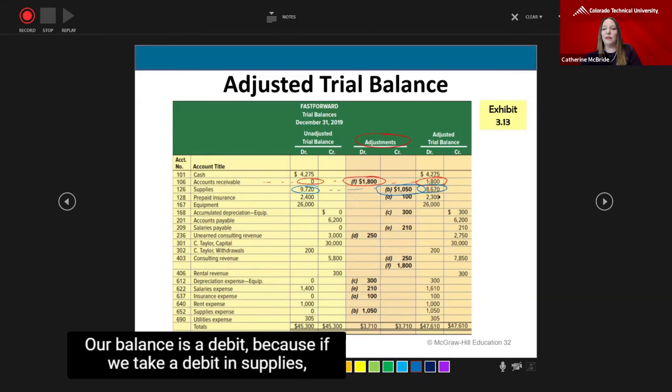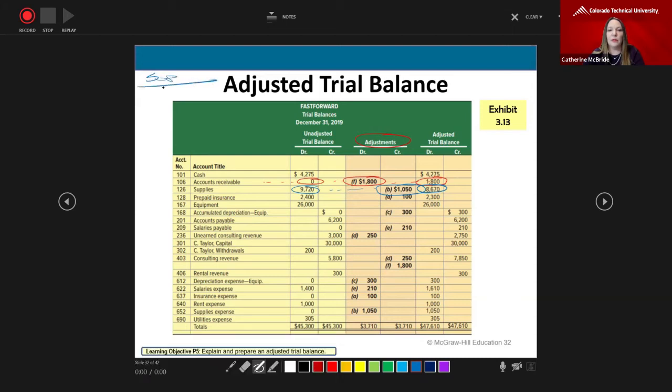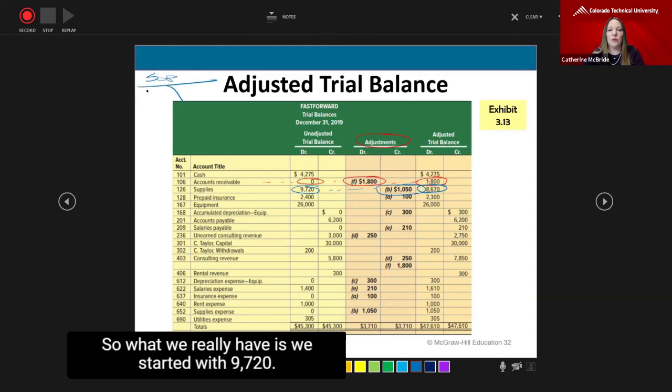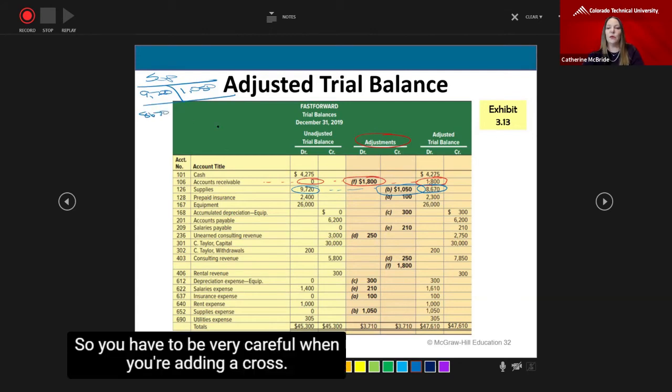Our balance is a debit, because if we look at our supplies T account, what we really have is we started with $9,720. We used $1,050. Our balance is $86.70. So you have to be very careful when you're adding across.